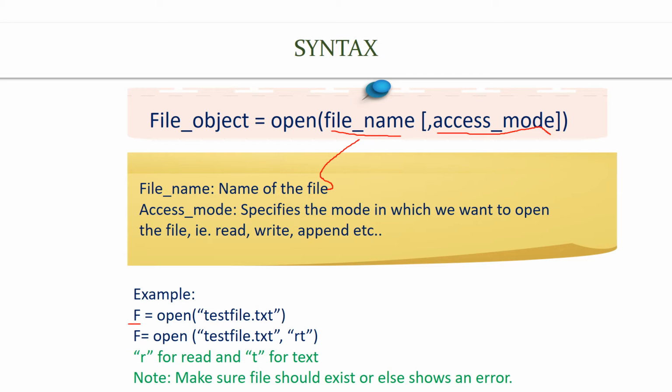F is a variable, and we give open of the file name, textfile.txt. Here I did not mention any access mode, so by default it is taken as R mode, that is, reading mode. And f is equal to open of the file name comma RT. RT means R for reading mode and T for text. Make sure the file exists, or else it is going to show an error.